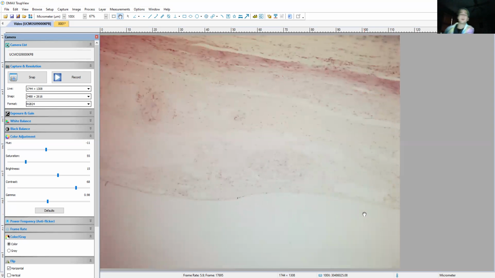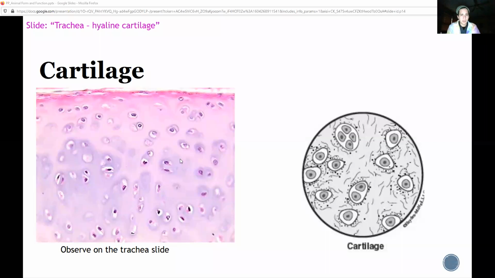So if we go back to our picture real quick. Right there. See, it's kind of pink, looks pretty solid, and then the cells almost look like they're in hollow places. So that is the body of the cell, the little nucleus in it. You can see some out of focus. That's because they're further into the subject.